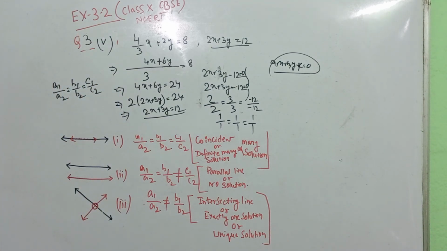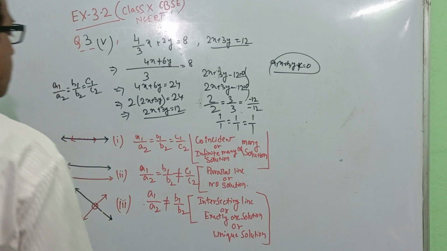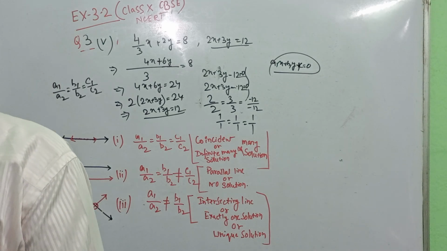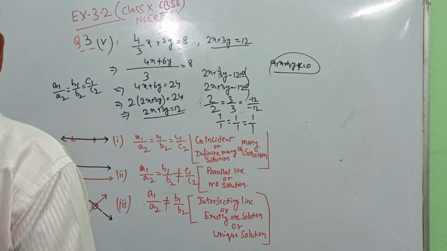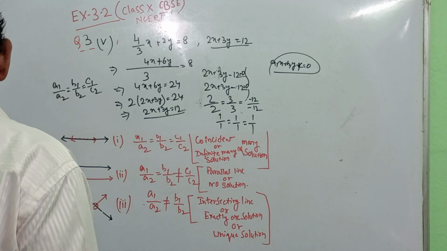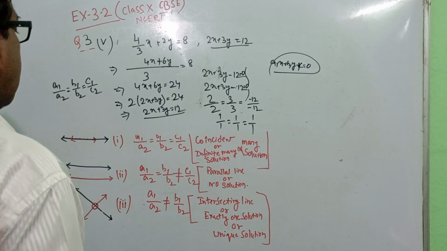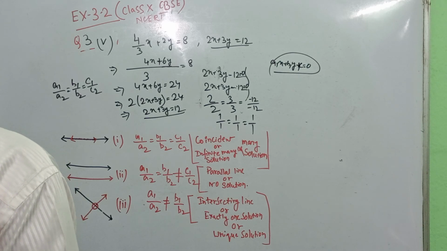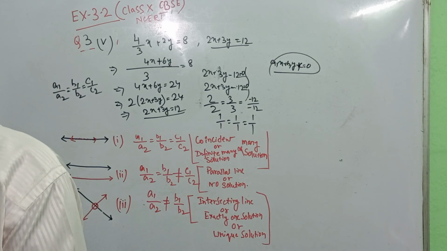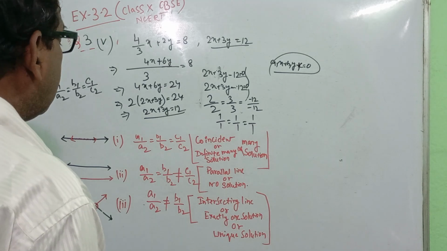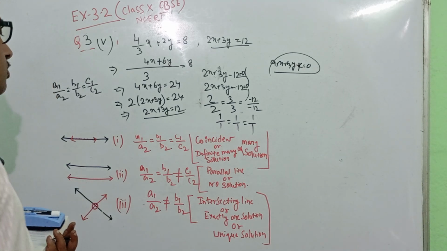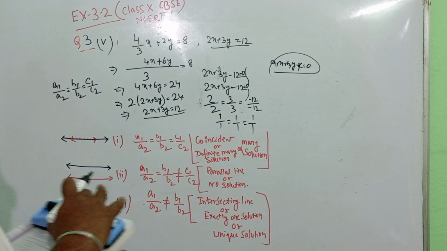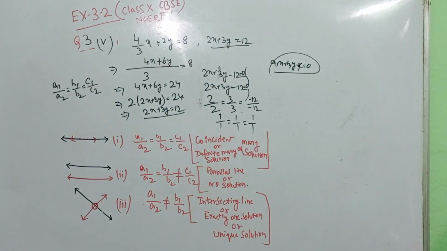Now if this happened, this is what they are called. Linear, the following equations are consistent or inconsistent. Consistent or inconsistent. Now what is consistent and inconsistent? The terms are consistent and inconsistent.